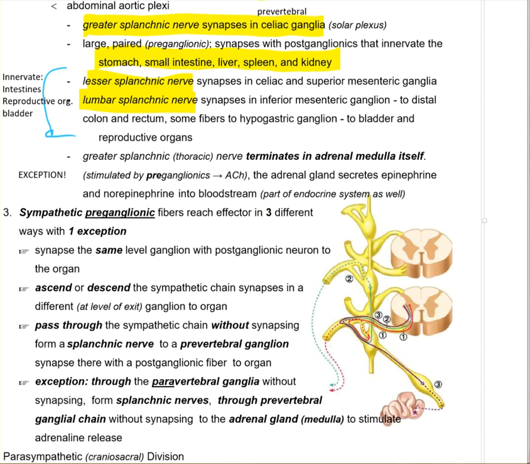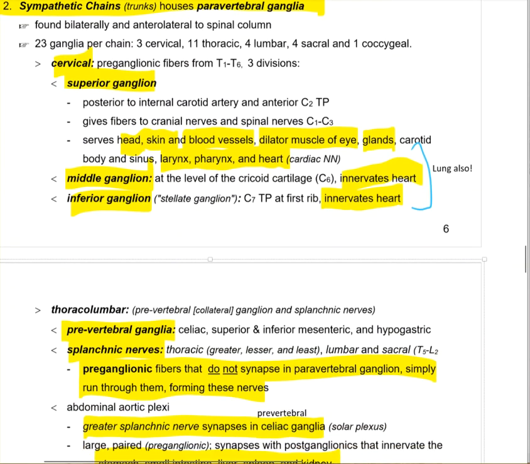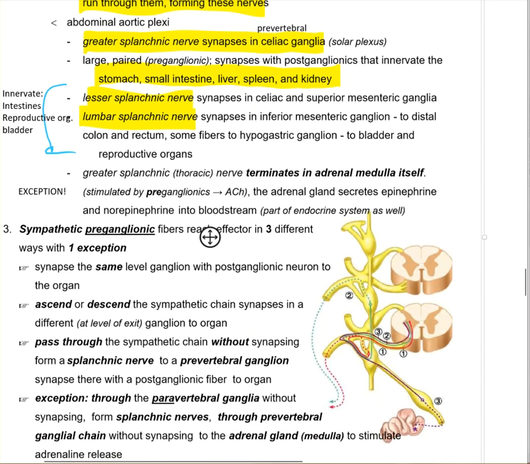Well, this particular one doesn't ever synapse. It goes straight through, and see how it stays dark green here? It's still a myelinated fiber, and it goes all the way through and it never synapses. And so this one place is our exception. The greater splanchnic nerve terminates in the adrenal medulla itself.